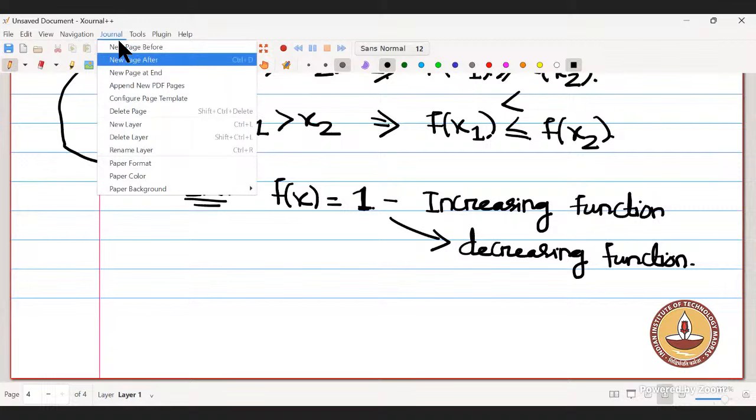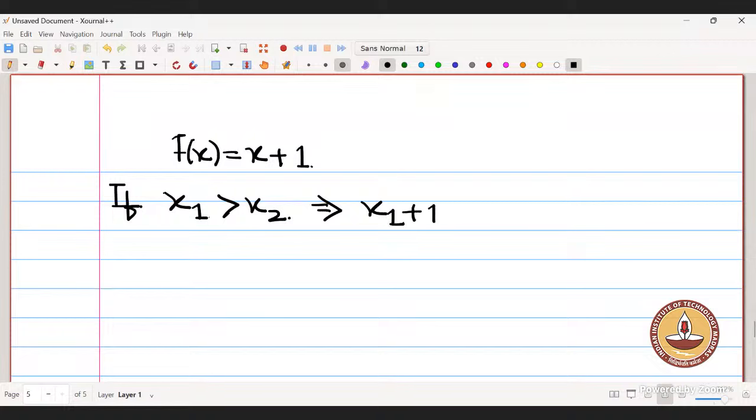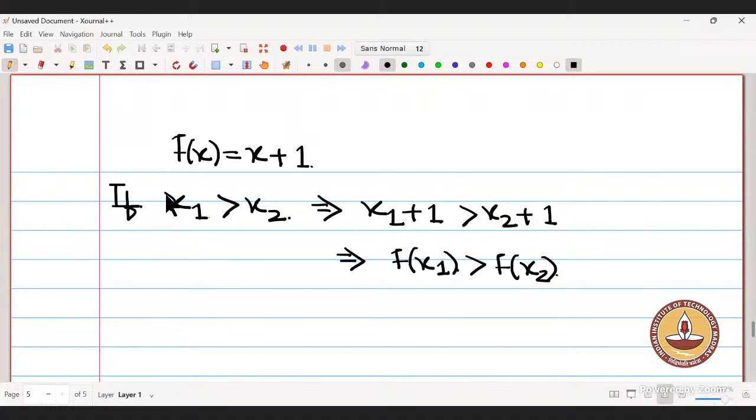Correct. If x1 is greater than x2, that means x1 plus 1 is also greater than x2 plus 1. So this is an example of a strictly increasing function.